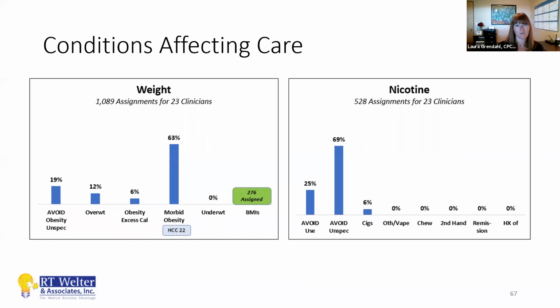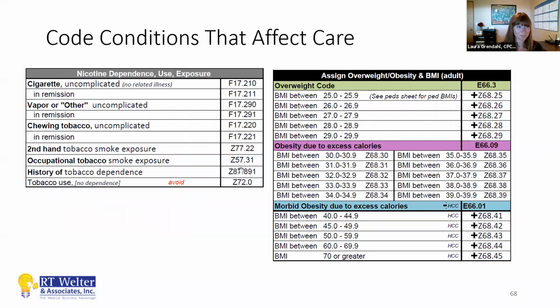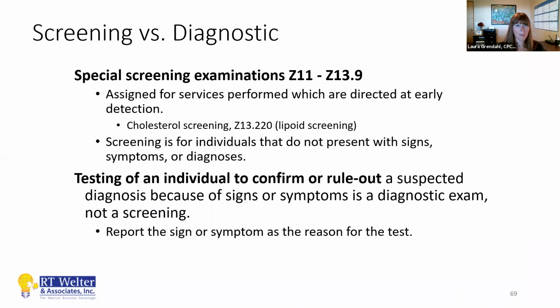And then avoiding unspecified versus use of cigarettes and vaping is probably a big one for a lot of your clinics. Again, conditions that affect care. Screening and diagnostic coding. Again, these are some of your Z codes. The use of rule out versus confirmed, signs and symptoms versus confirmed diagnoses.